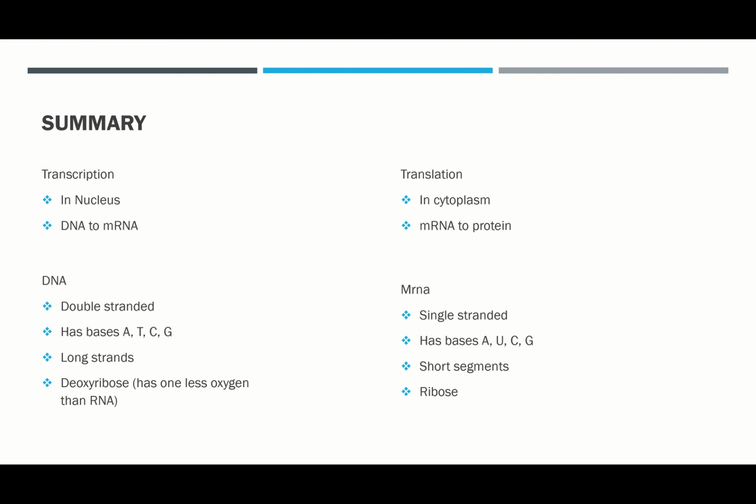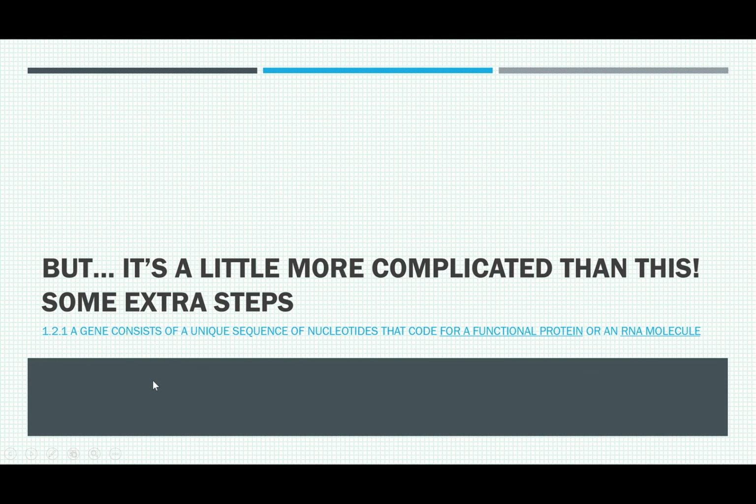They are long strands, and they have one less oxygen than RNA, and that's why they're called deoxyribose nucleic acid. mRNA is single-stranded, has bases adenine, uracil, cytosine, and guanine. They are shorter segments, and they have that oxygen that DNA doesn't have.